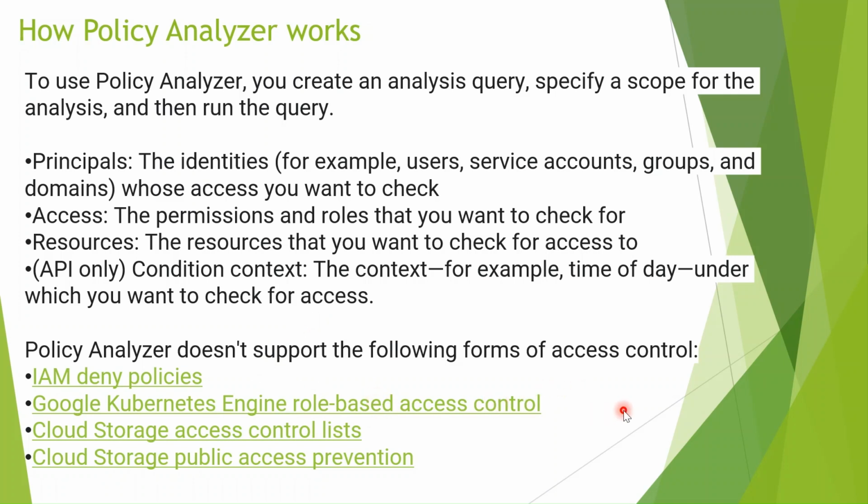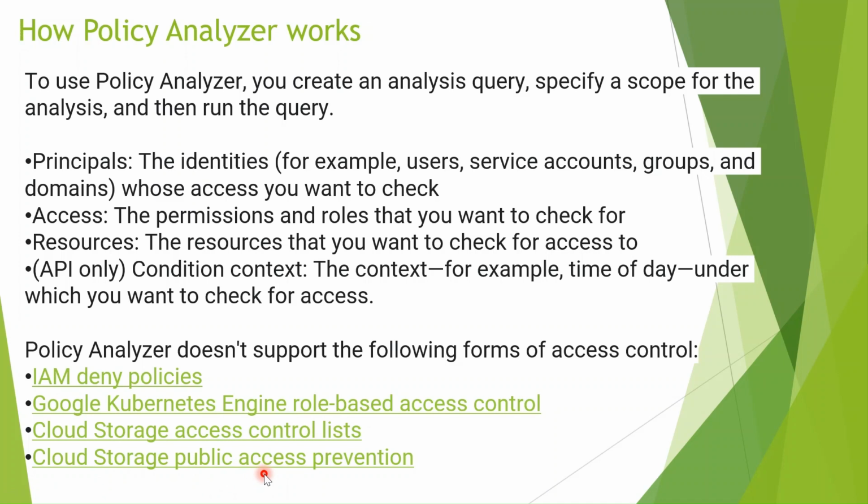In Kubernetes we have specific RBAC rules which we create inside our cluster, so we can't check those. We cannot check ACLs, like Cloud Storage ACLs, which are used to give access to a specific object in a bucket. It also doesn't support public access prevention, which stops our bucket from becoming public. So these are some things we have to take care of while using Policy Analyzer.